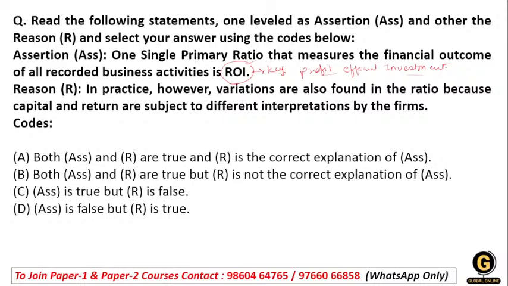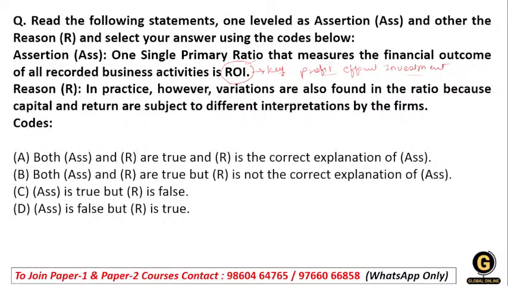Then the reason is given that in practice, however, the variations are also found in the ratio, because capital and the return are subject to different interpretation by the firm. So here the reason is also true, because when we are talking about capital, it is your investment, and return is the profit which you will get from the investment, isn't it?